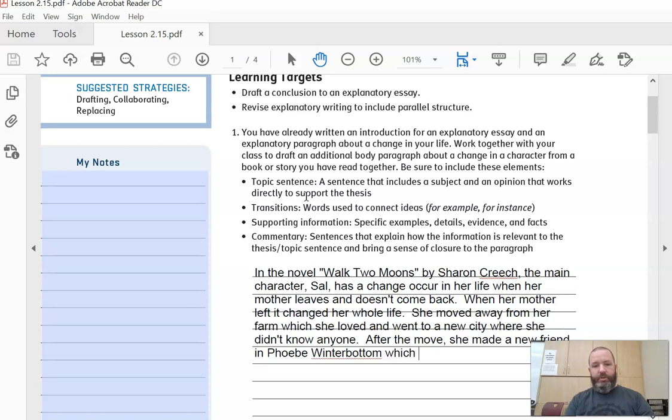After the move, she made a new friend in Phoebe Winterbottom, through whom, in their friendship, Sal was able to learn and understand more about her own life and relationship with her own mother.